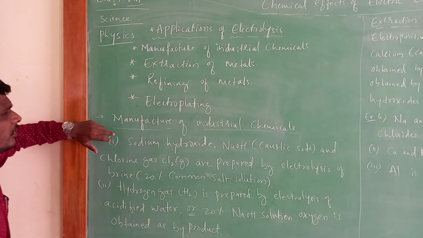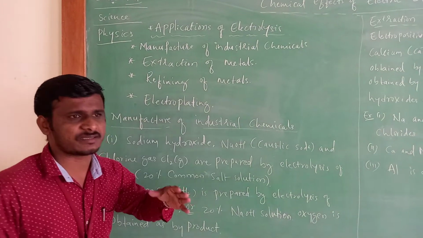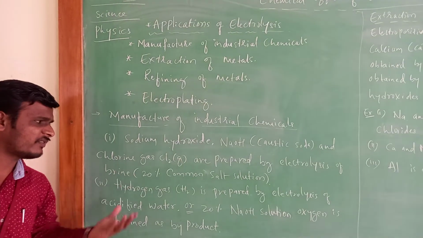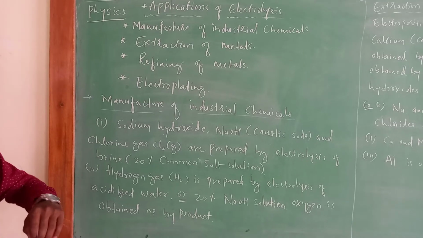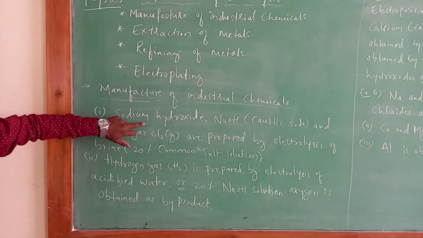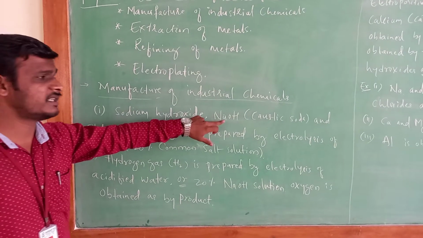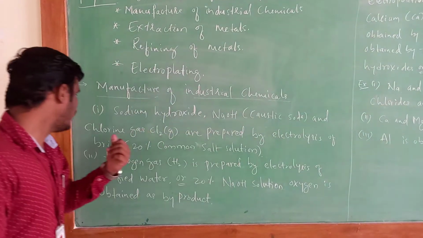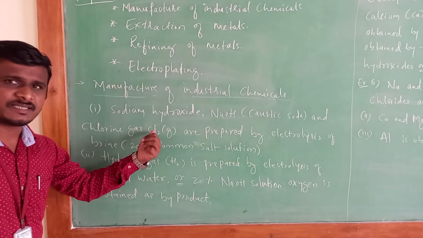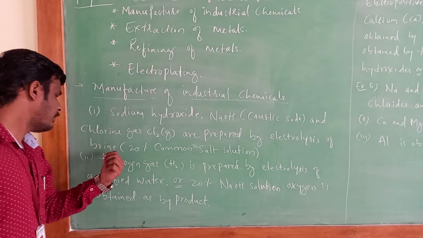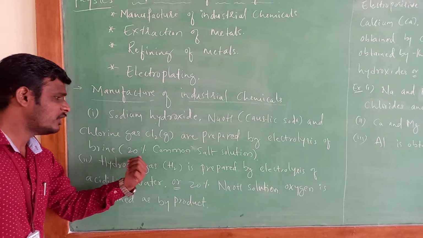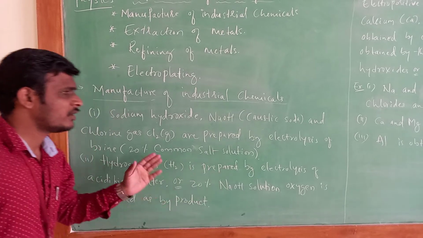In that, first one, manufacture of industrial chemicals. What are the chemicals that can be manufactured by the method of electrolysis, that we are going to study here. First thing, sodium hydroxide, NaOH, that is called caustic soda, and chlorine gas, Cl2, are prepared by the electrolysis of brine, that is 20% common salt solution.